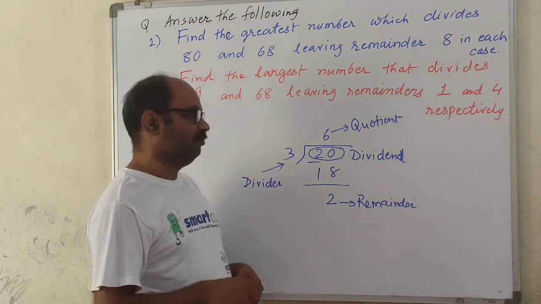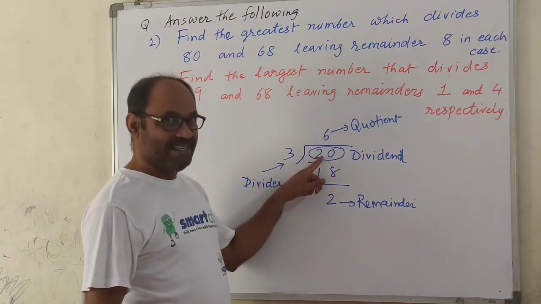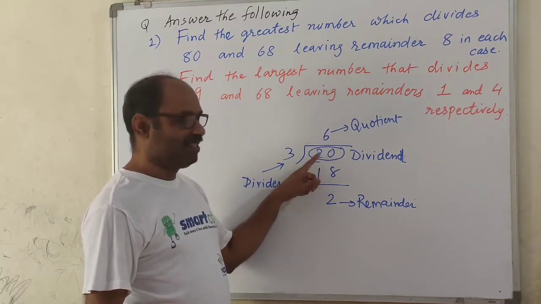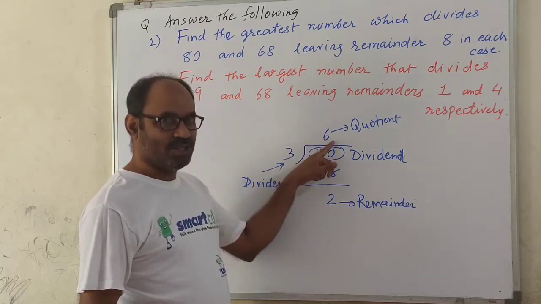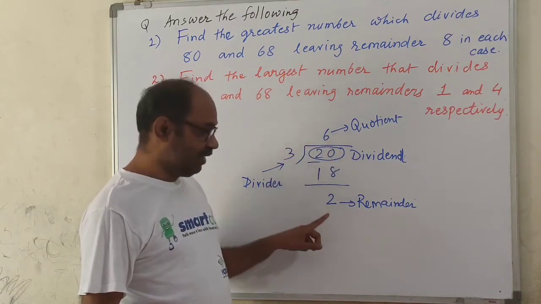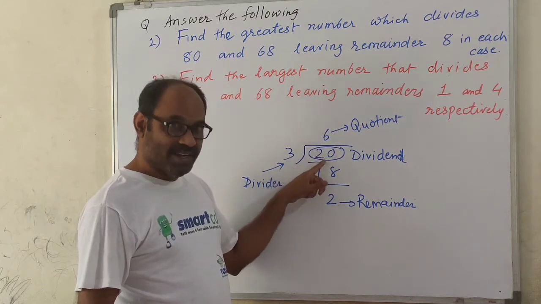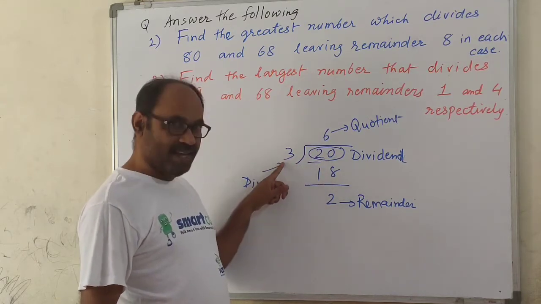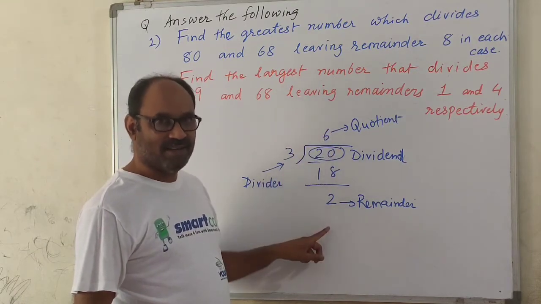If you observe, every time you will find this result. 20, which is dividend, is equal to 3 divisor into quotient. What is 3 into 6? 18. What is 18 plus 2? 20. That is dividend. Dividend 20 is equal to divisor 3 into quotient 6 plus remainder 2.